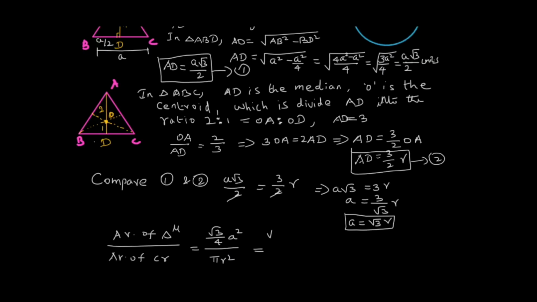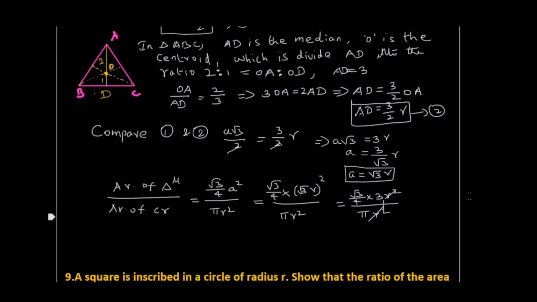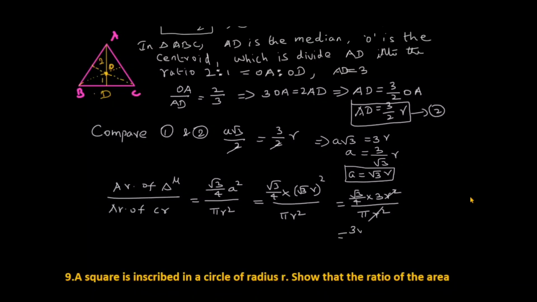That is root 3/4 into A squared, and A squared in terms of R is 3R squared, divided by pi R squared. R squared cancels, so the remaining is 3 root 3 by 4 pi.